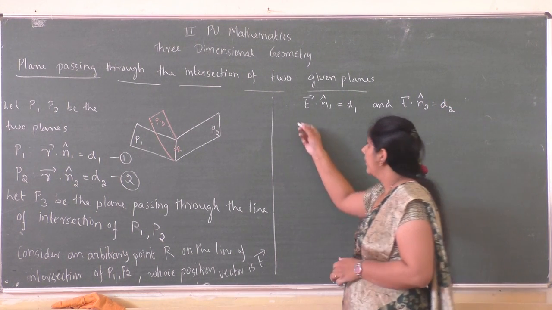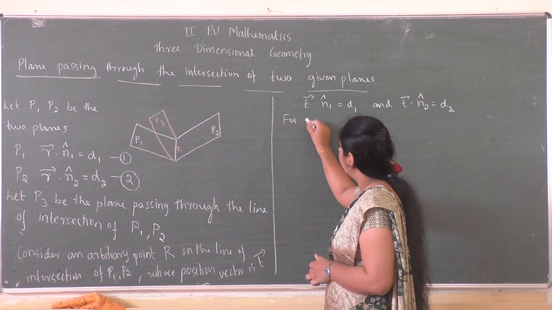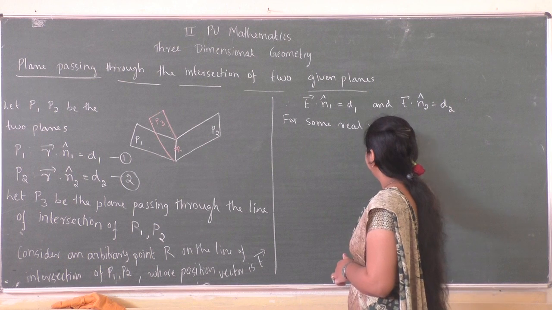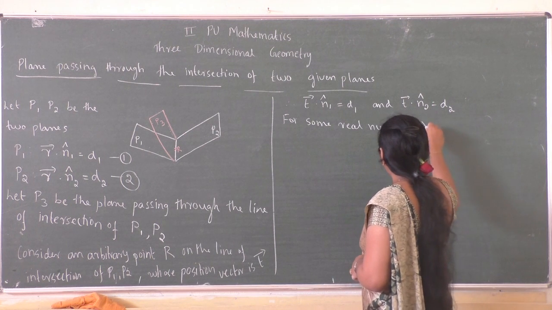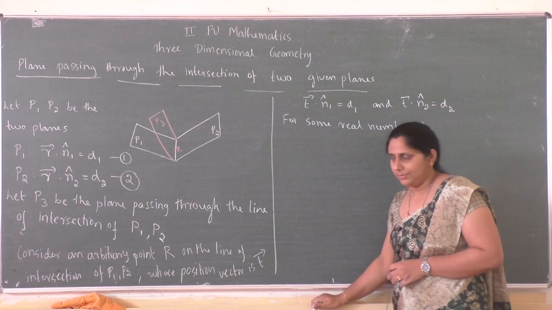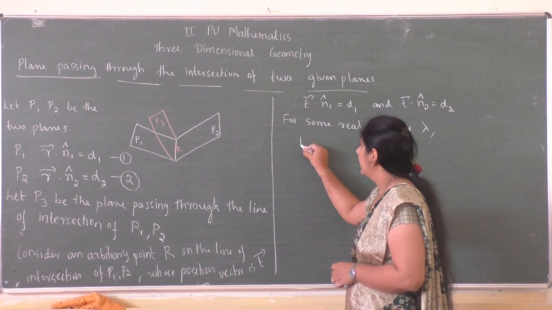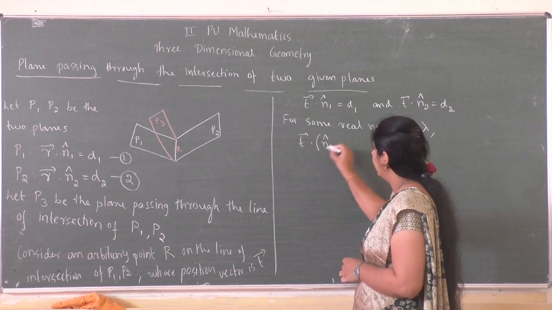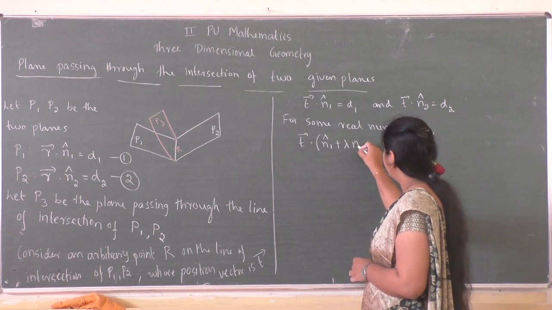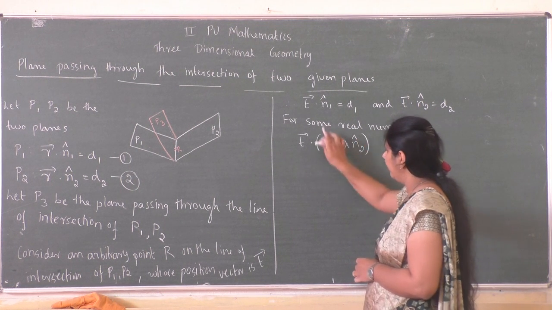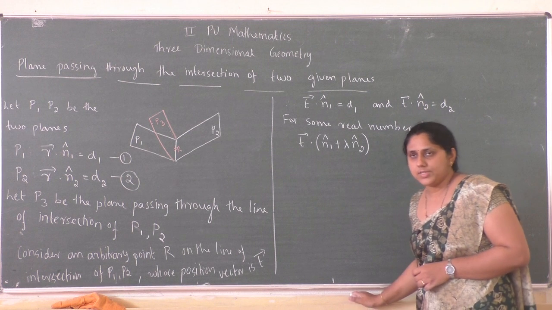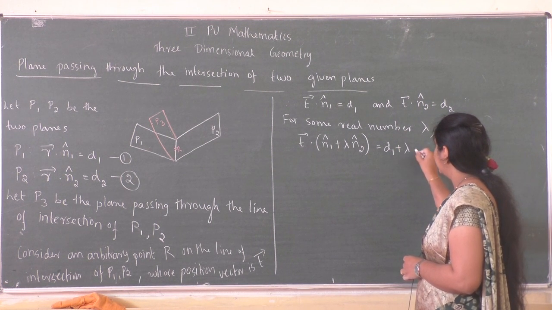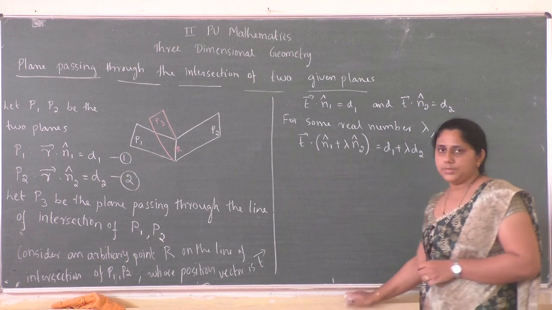Now for some real number lambda, you can write this as T vector dot n1 cap plus lambda times n2 cap is equal to d1 plus lambda times d2.